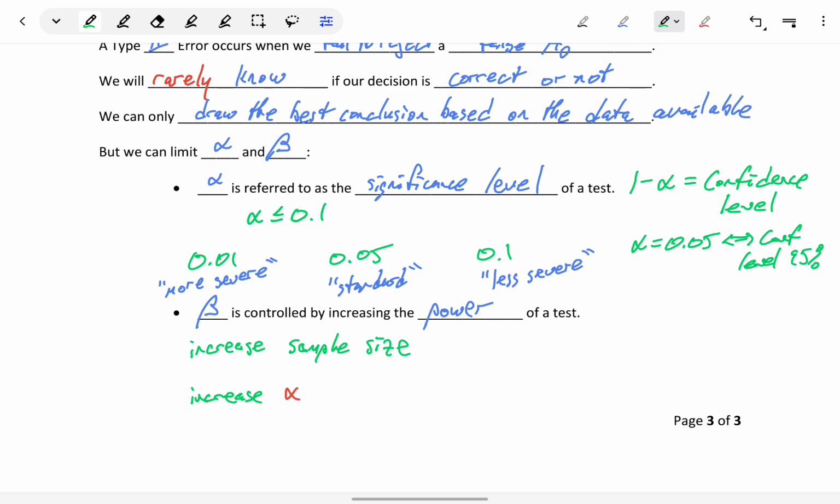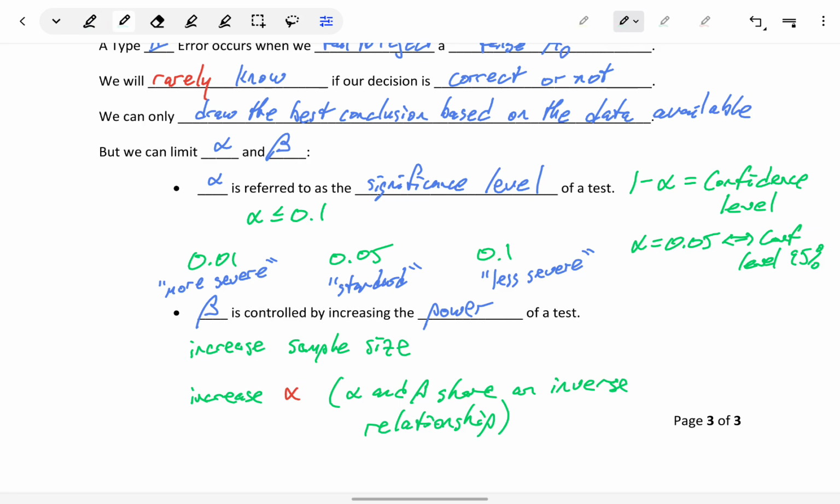Alpha and beta share an inverse relationship. Meaning as one value gets larger, the other gets smaller. So a larger value for alpha translates into a smaller value for beta, but they're both probabilities of error, so we don't want to just choose a really large value for alpha.